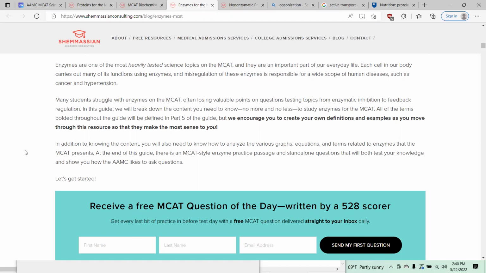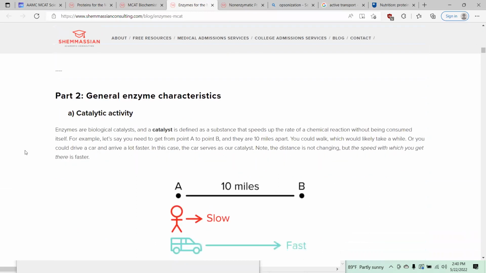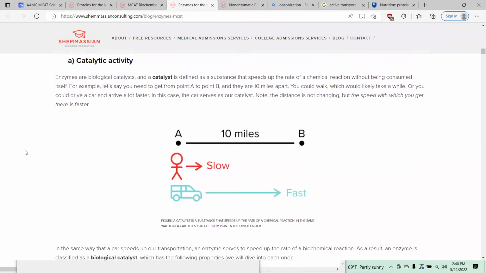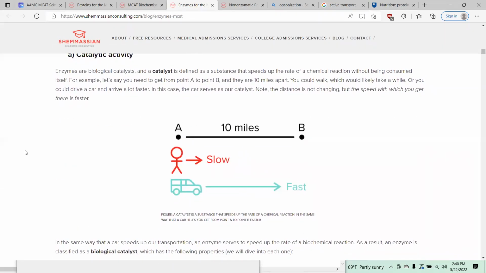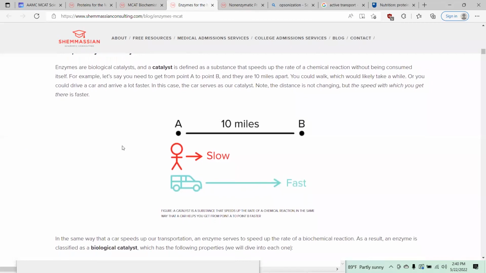So what does that mean? So catalytic activity, this is a nice example. I like that. So in this case, they're saying like, to go from A to B, if we think about A as the reactant and B as the product, right? If you walked, it would be slow, but if you took a car, it would be fast. And it would be the same thing, right? But one would be faster.